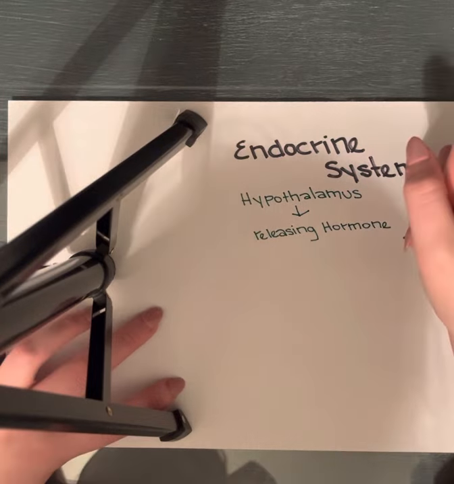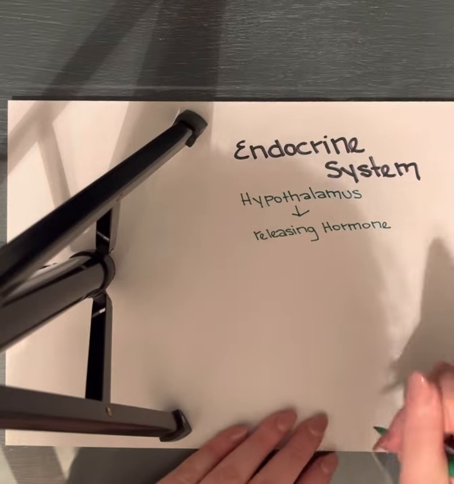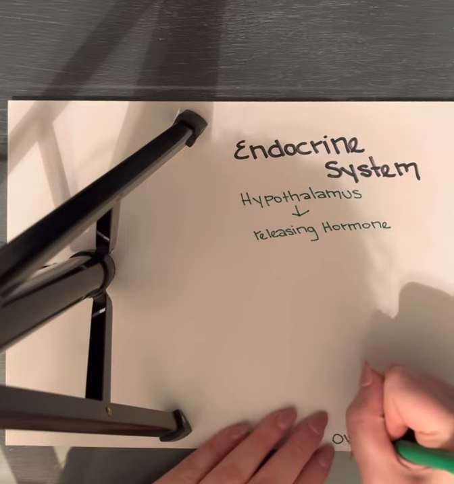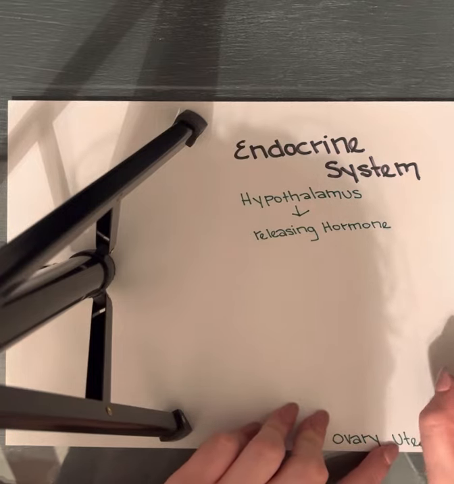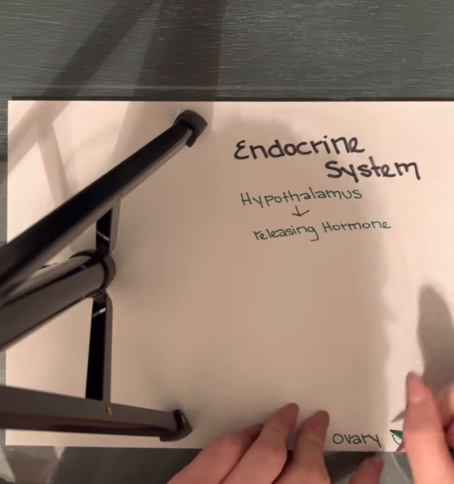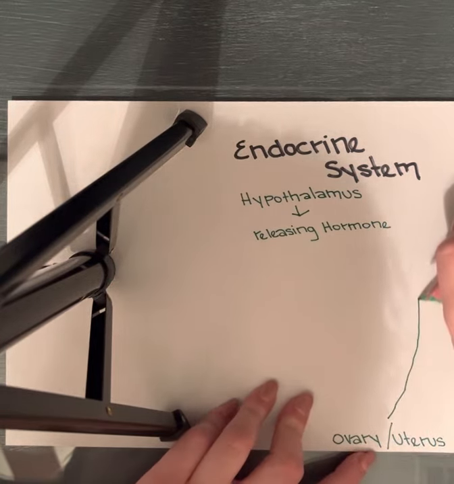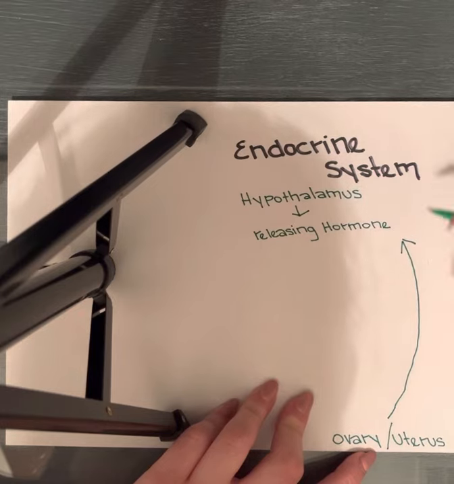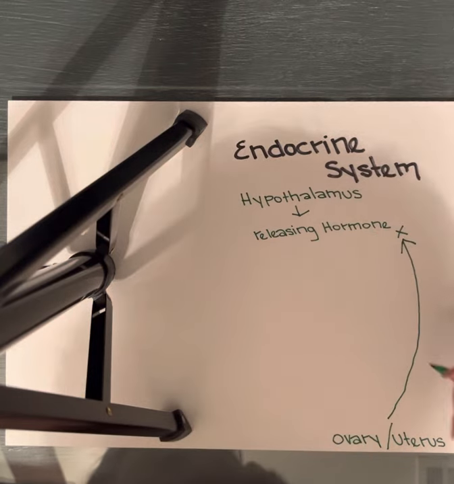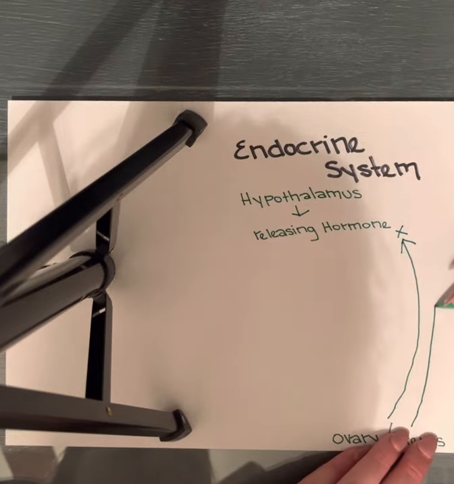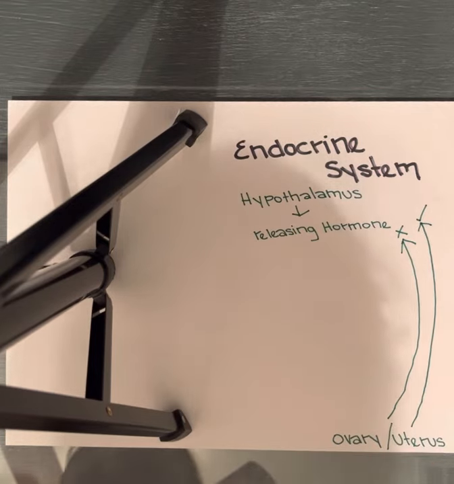Now, sometimes when this hormone is released, the uterus or the ovary all the way down here, I'm just going to label it, they'll have a feedback, and they might say, no, don't release this releasing hormone. And sometimes they might say, go ahead and release the hormone.